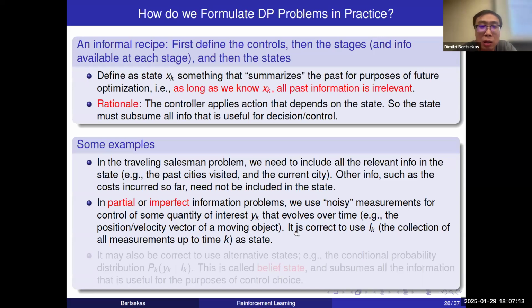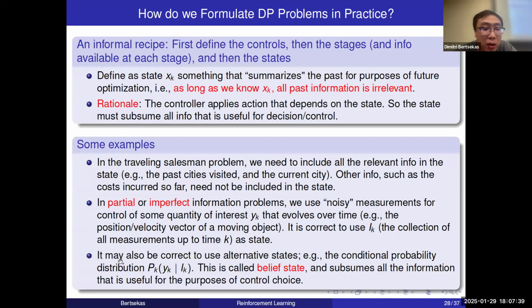One way we can deal with this situation is to use the collection of all the measurements up to the current stage as state. This is typically denoted as I_k and referred to as the information state.